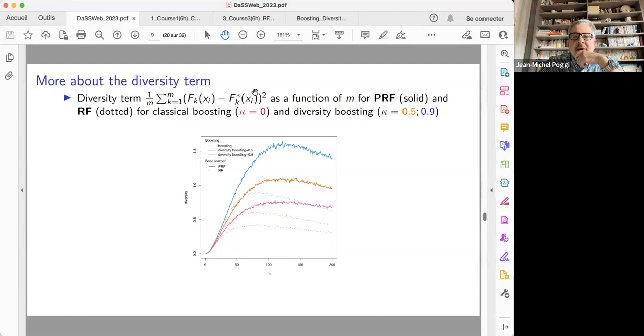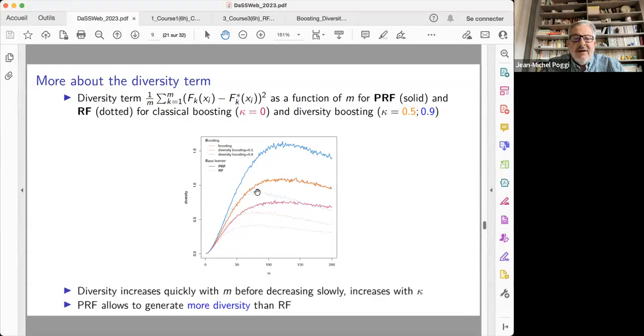We have the diversity term as a function of the number of iterations, in solid line for the purely random forest and in dotted line for the random forest. So you can see that the purely random forest allows us to generate more diversity than random forest.